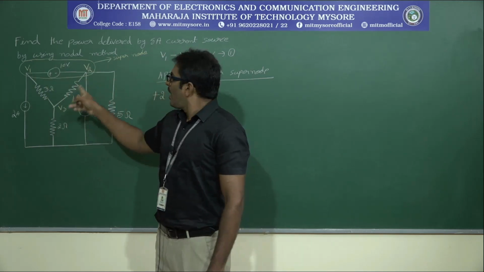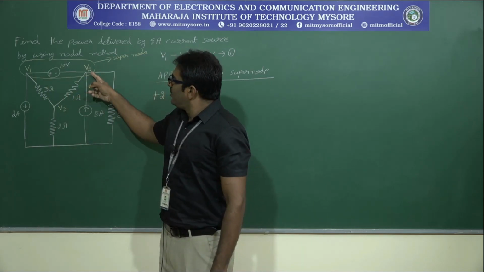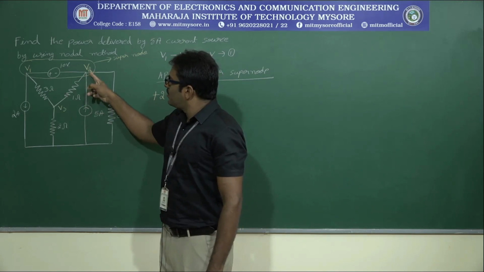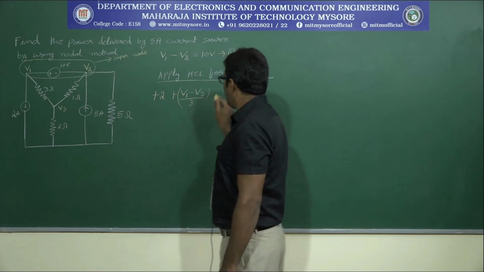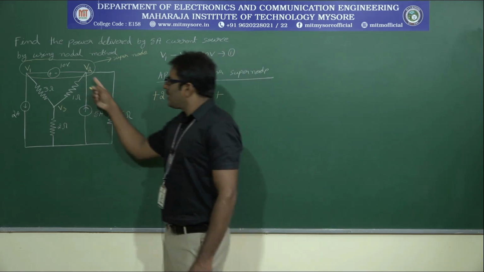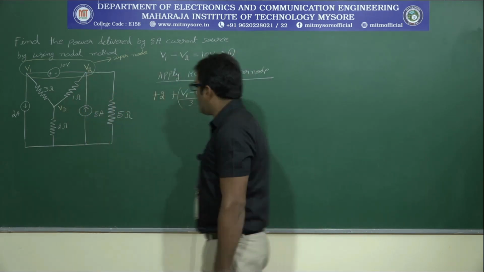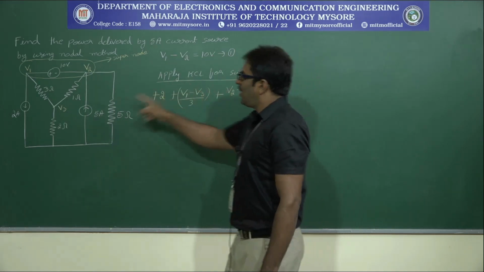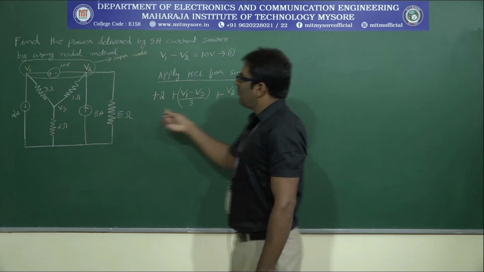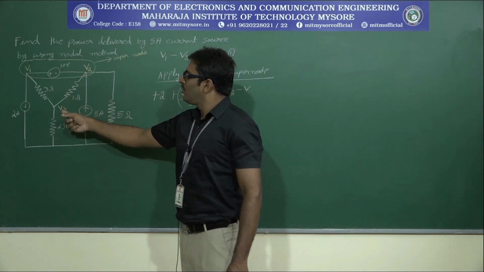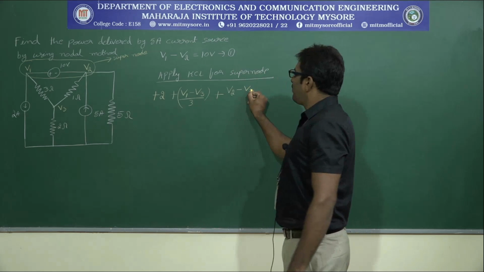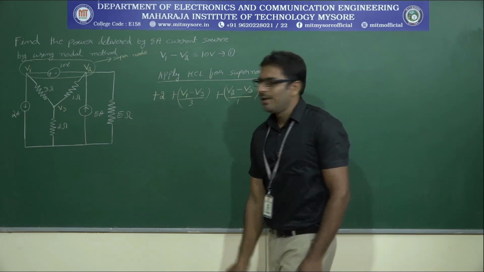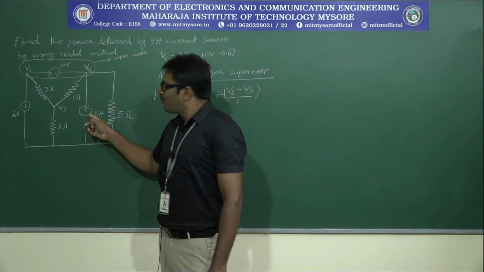Next, V2 is connected to these three branches. One branch is between V2 and V3. Therefore, current is flowing from V2 to V3, that's why V2 minus V3. The potential difference across the 1 ohm resistor is V2 minus V3, divided by 1 ohm. Next, consider the next branch.